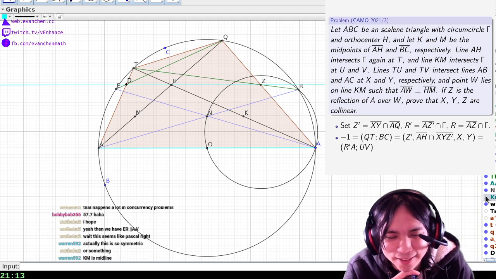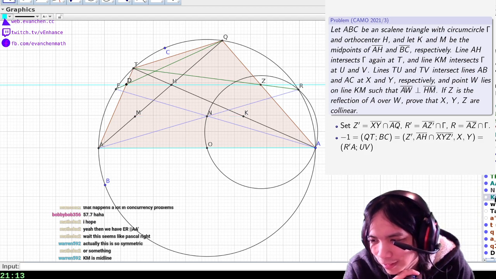This looks like Pascal. The midpoints are kind of bad.